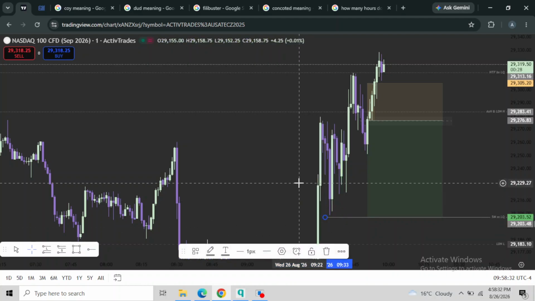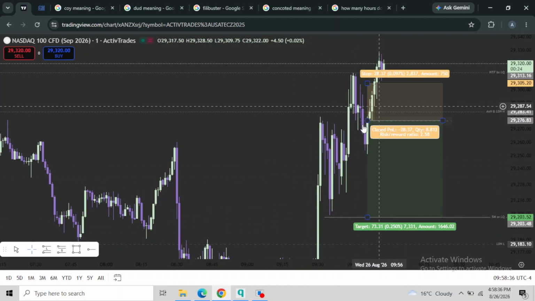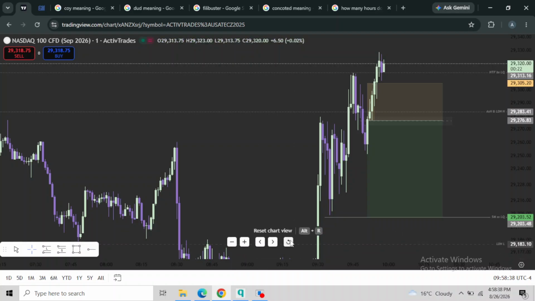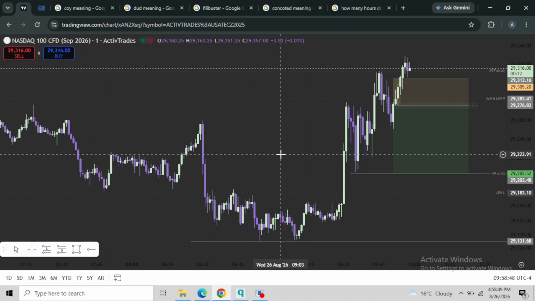So I was looking for a simple 1:2.5. So if I could have been correct, it could have been an easy day. But I will just do an analysis and see what's popping.